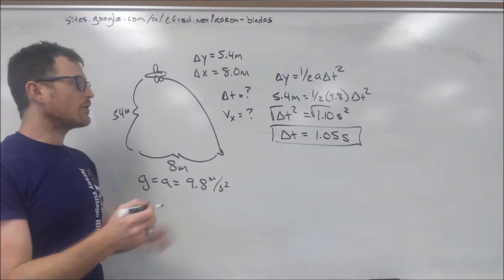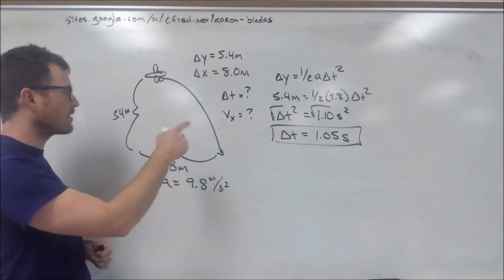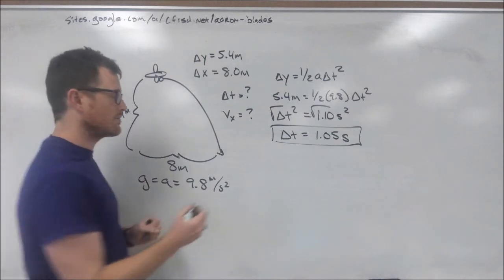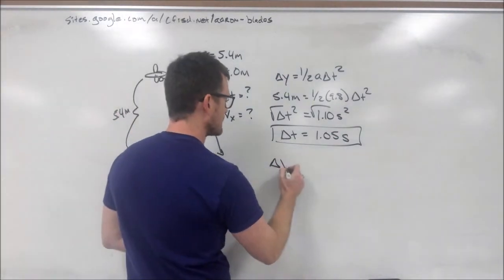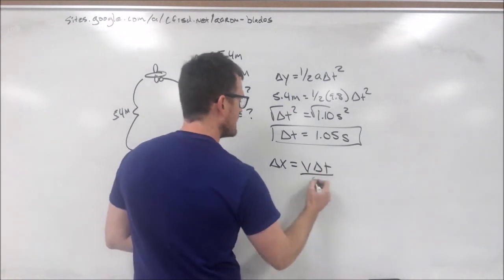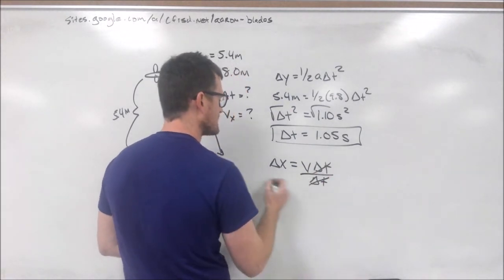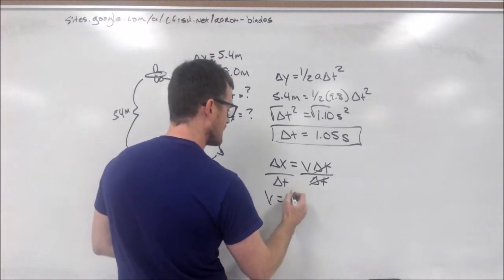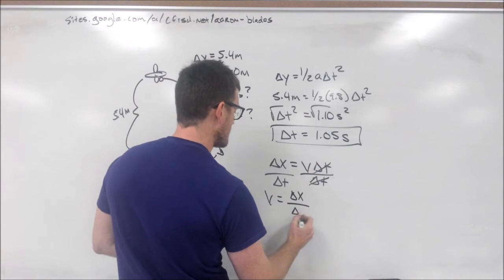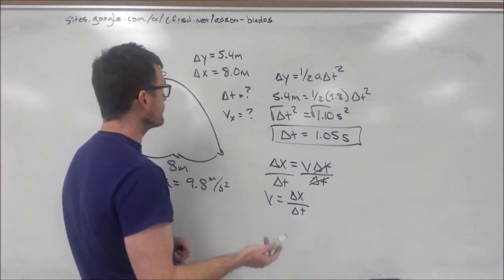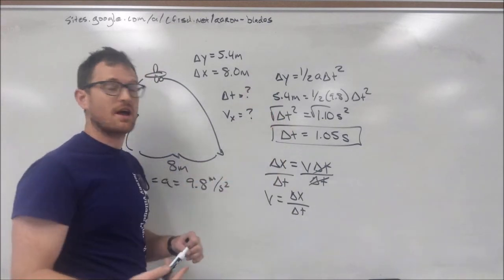Now, knowing this, we can figure out our velocity x. We're going back to our standard position equation: our delta x is equal to v multiplied by delta t. If we divide both sides by delta t, we can solve for our velocity, taking our delta x divided by the amount of time that it took to cover that distance. We've solved for our time, and we were given our delta x.